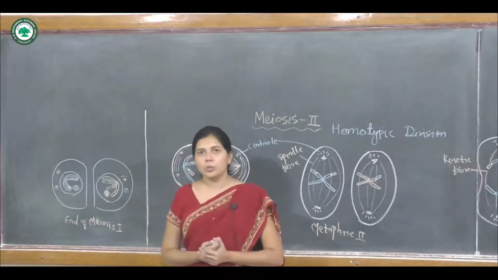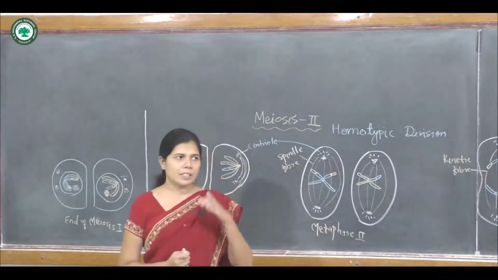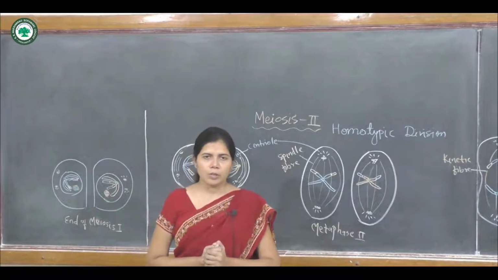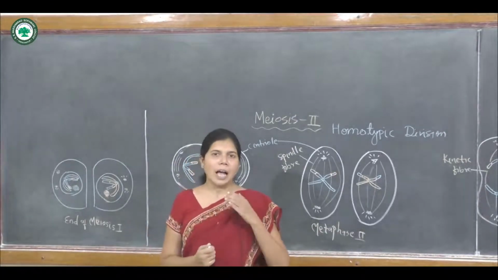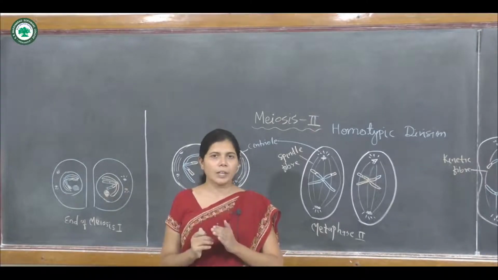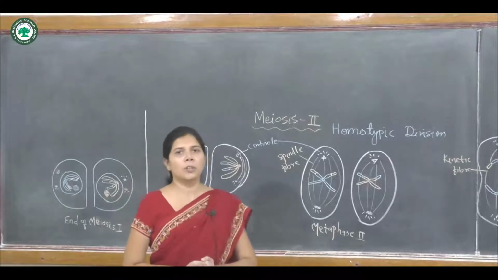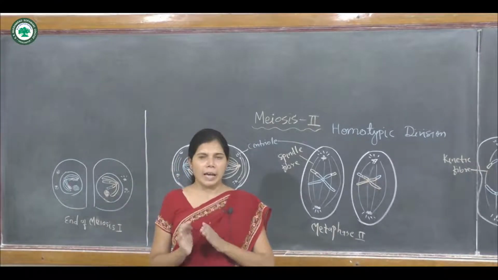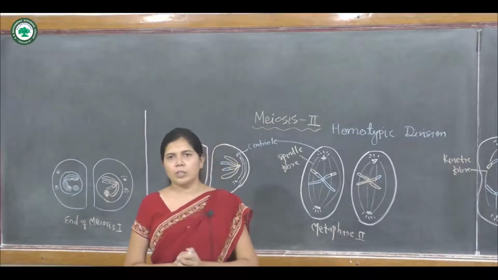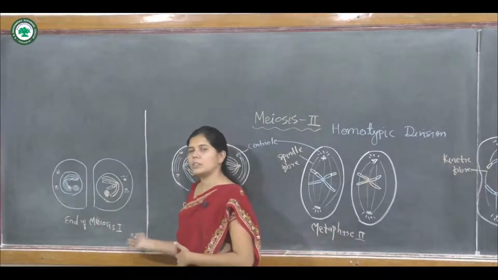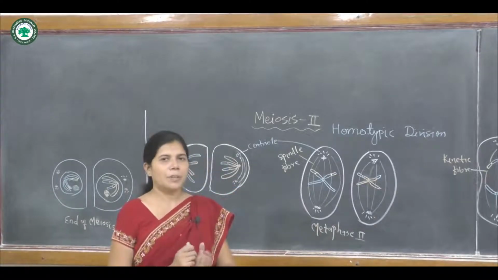From those two cells, a total of four cells are formed, two from each, and those cells are similar to their parent cell. That is why it is known as the homotypic division, and meiosis I is the heterotypic division.